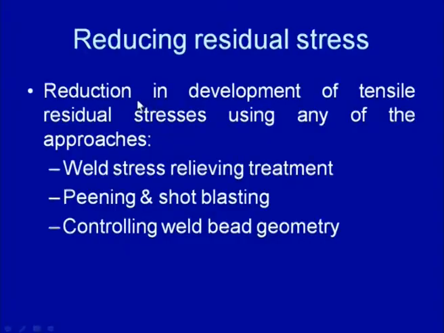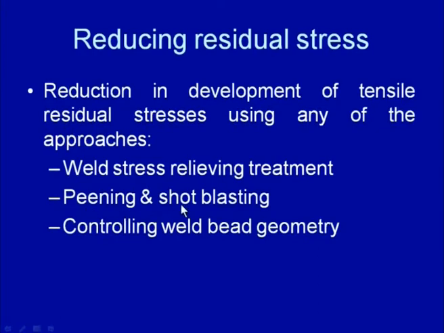Another approach to reducing the solidification cracking tendency is reducing the tensile residual stresses. For this purpose, weld stress relieving treatment can be done just after the welding, and mechanical methods like shot peening and shot blasting can be used to produce localized deformation at the surface, so that the development of tensile residual stress can be reduced.